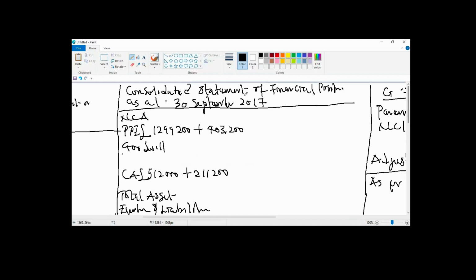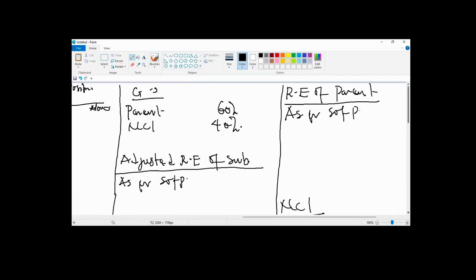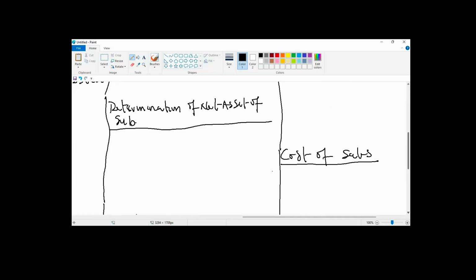Don't forget that the figures are in 1,000. Since you are talking about the net assets, I will credit the PPE revaluation surplus.